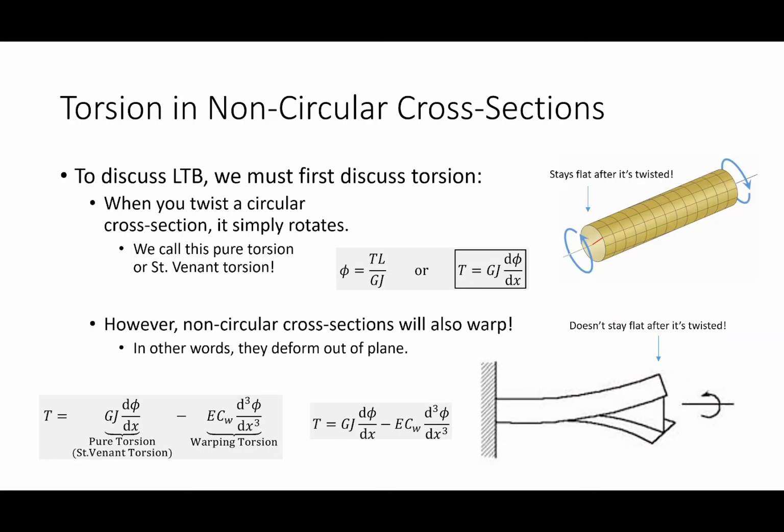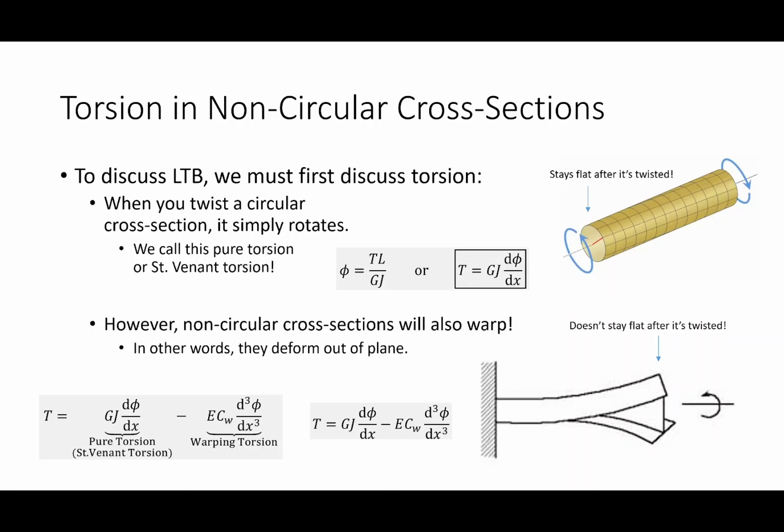So this right here should be something that you remember from Engineering 216. If I have a circular section and I apply a torsional moment or a twisting moment to it, I can calculate that angle phi, the angle of twist, how much it goes from here to here, as TL over GJ.